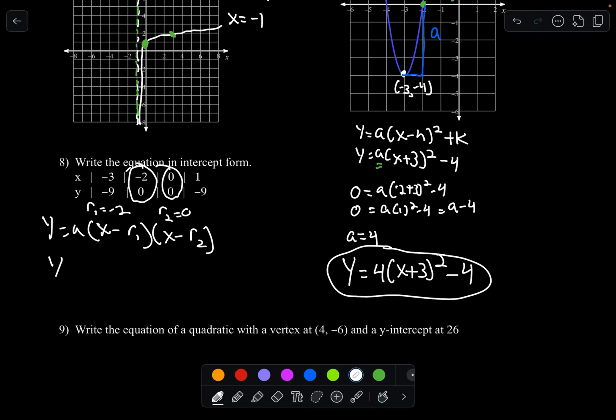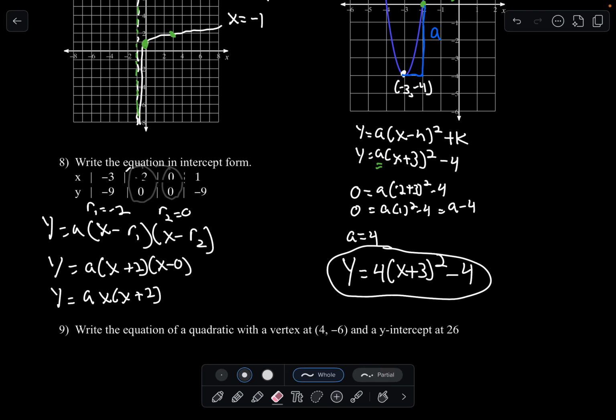So we get y equals a times (x minus a negative 2, which is x plus 2), because remember, your x's are liars, times (x minus 0). So we end up with y equals a times x times (x plus 2). Now to figure out what a is, the stretching factor, we're going to choose another point.